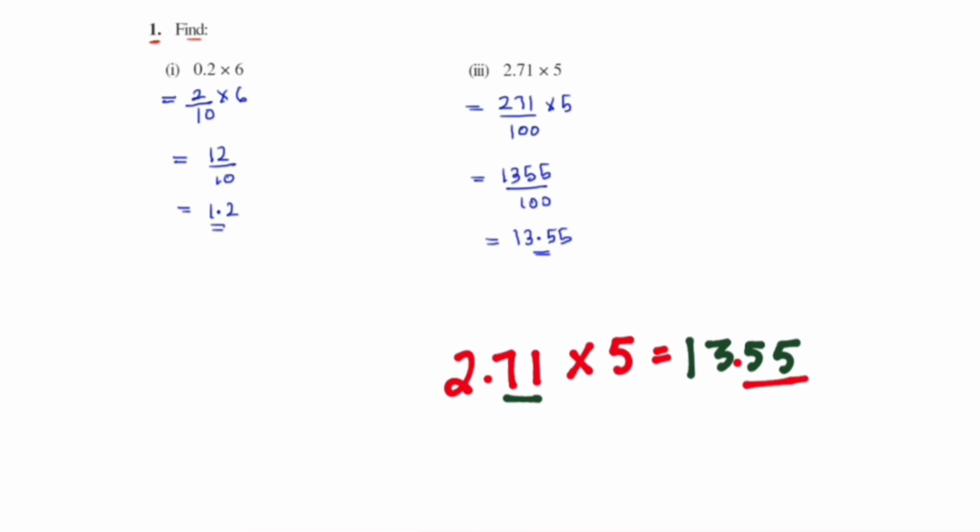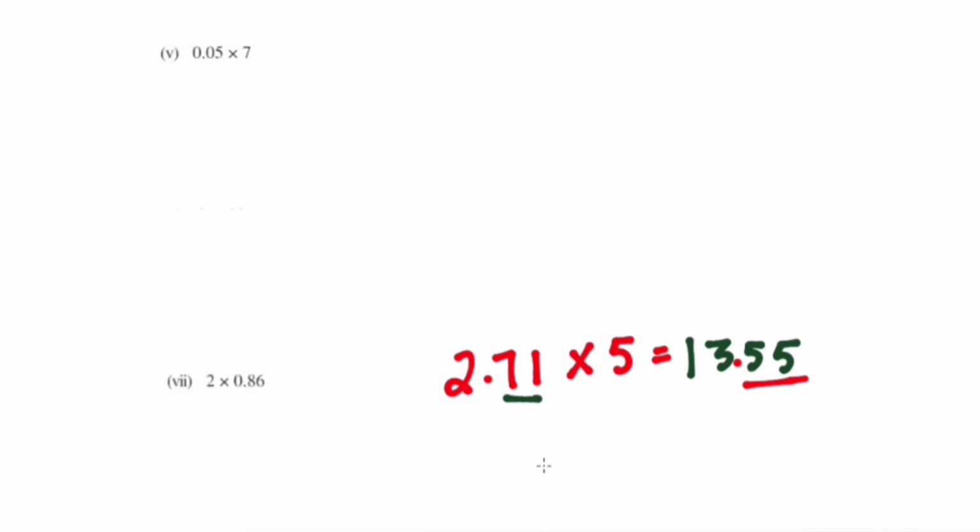There are two ways to solve this type of question. You can do it whichever way, but it is very important to learn all the ways and to learn the actual procedure, what we have done in this question or that question to get this result. So first of all, try doing it this way, and then after that you can skip to the part of directly multiplying ignoring the decimal.